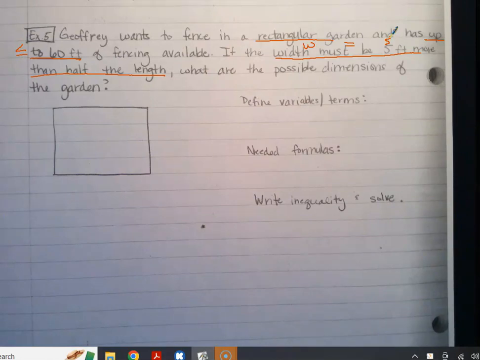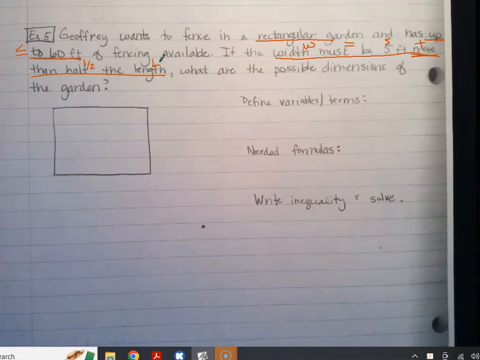Okay, so hold on. I think we're trying to get ahead of ourselves. We don't even have to have the 5 in there yet. What does more mean? What operation? Plus. Than half the length. 0.5 L. We could do 0.5, that's fine, or 1/2. Either one. And then we have length. So I'm assuming we need L. Okay, so that's kind of breaking that in there.